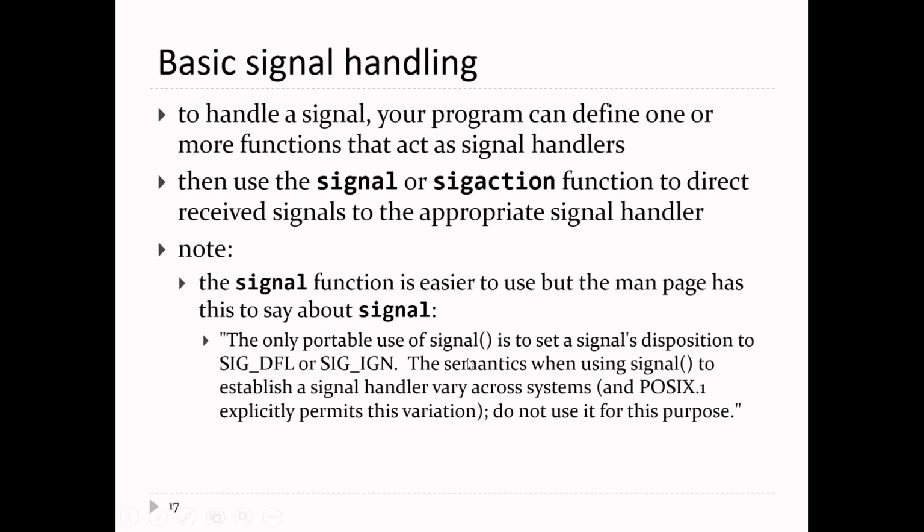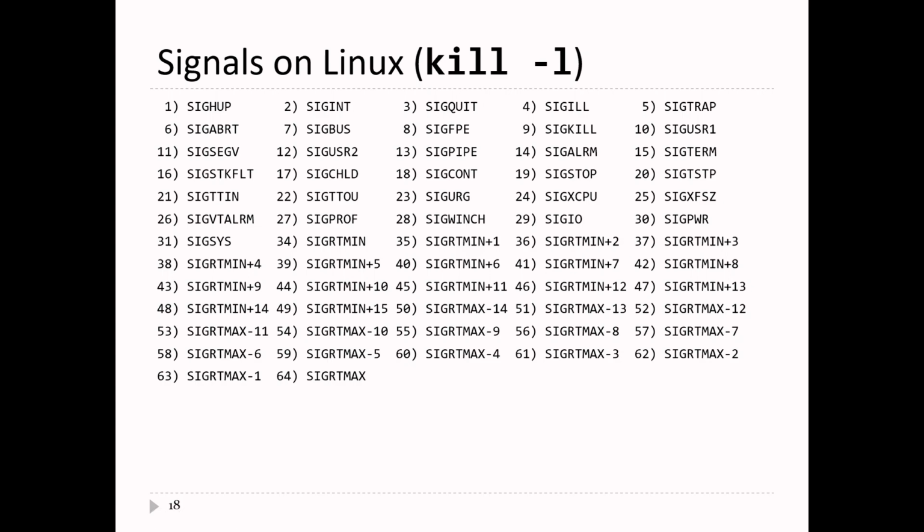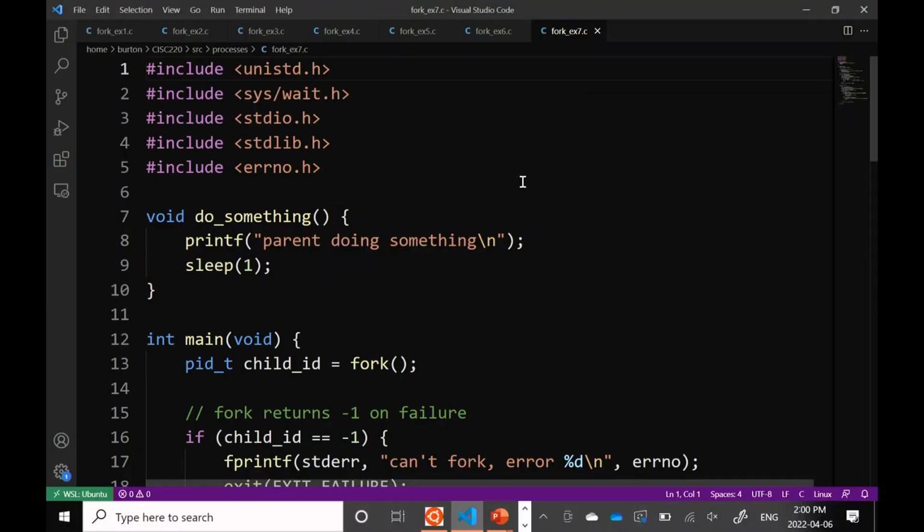The only portable use of signal is to set the signal's disposition to one of these two things. The semantics when using signal to establish a signal handler varies across systems. In other words, depending on your operating system, the way this behaves is different, so do not use it for this purpose. I think I'm going to use it for that purpose anyway, though.